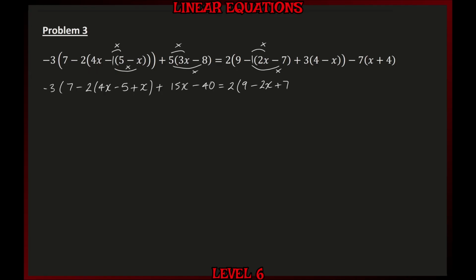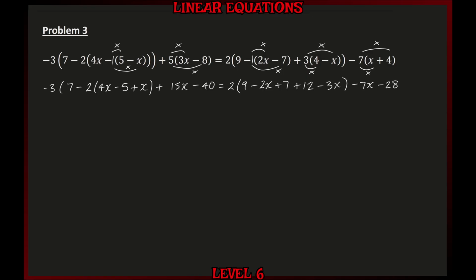We also have a plus 3 times 4, so that gives us plus 12, and 3 times minus x gives us minus 3x. And we can close that bracket. Lastly, minus 7 multiplied by x is minus 7x, and minus 7 multiplied by 4 is minus 28.